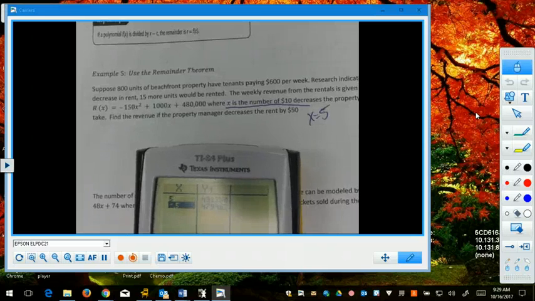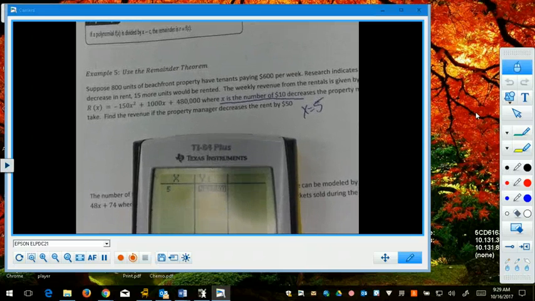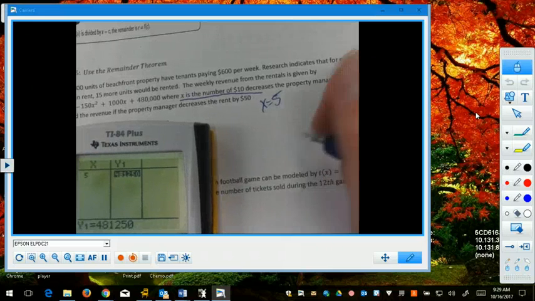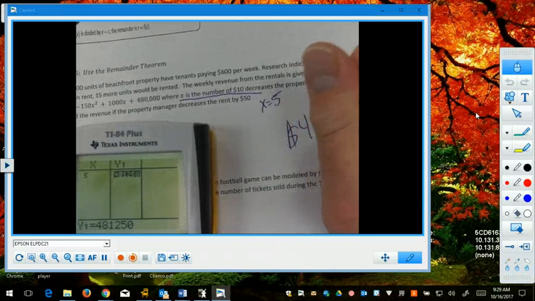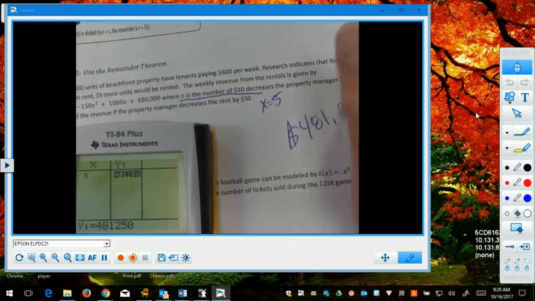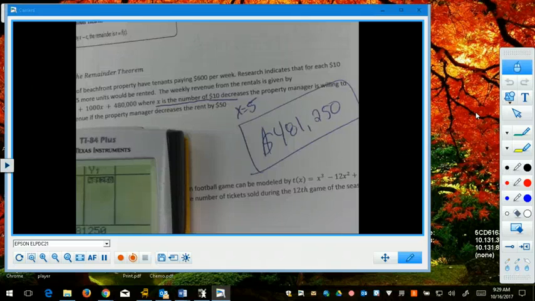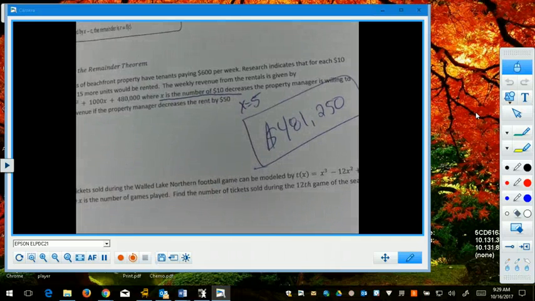I put in 5, and I get an answer of $481,250. That would be the revenue if he takes the $50 hit, or decreases the rent by that much.